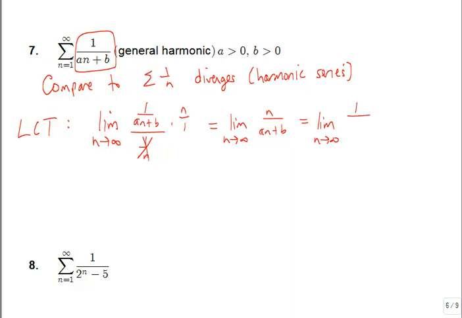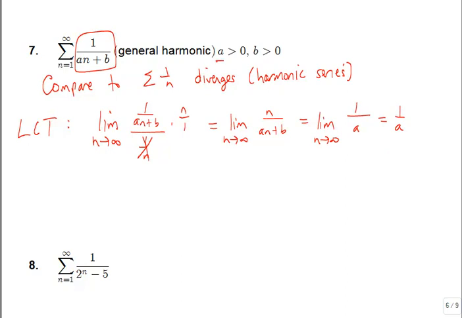The derivative on the bottom just goes to this a. You could also have just looked here and said, well, since these powers match in the long run as n goes to infinity, this is going to be dominated by n over an, which is just going to reduce to 1 over a.